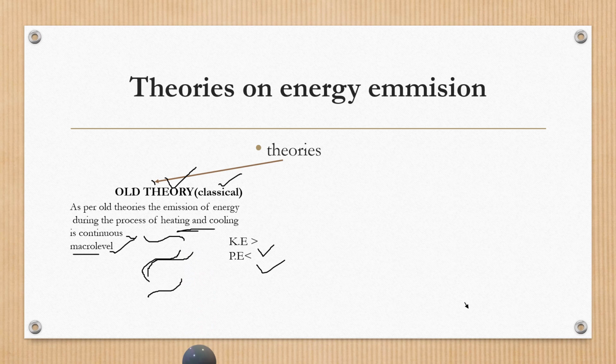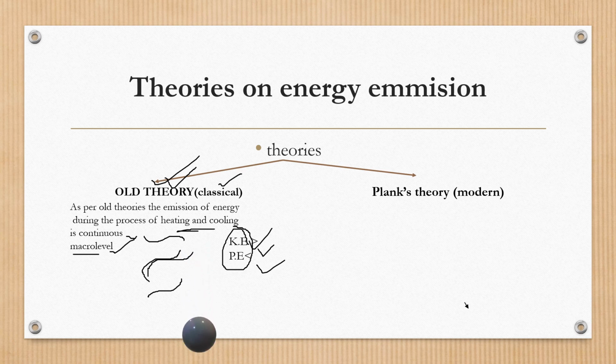Now the old theory says that as kinetic energy and potential energy increase and decrease continuously, the atom also emits and absorbs energy in the same manner. But that was totally wrong. How?